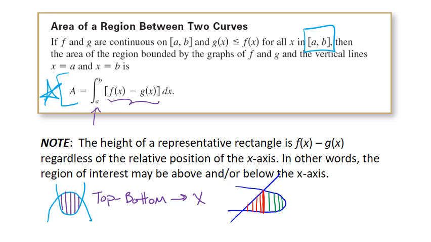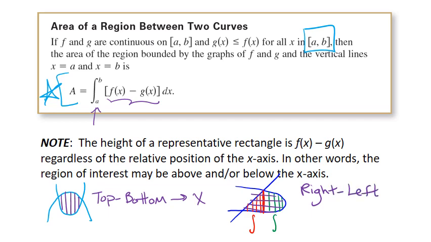You can either use two integrals, one that represents the red and another that represents the green. But that becomes pretty complicated, and instead, if you look, the function on the right is always on the right. So this could be a right minus left case.